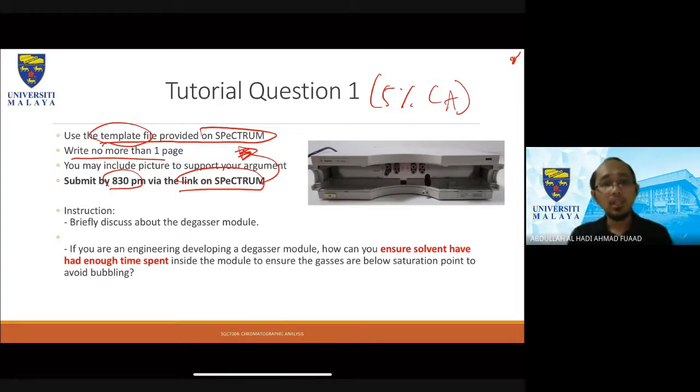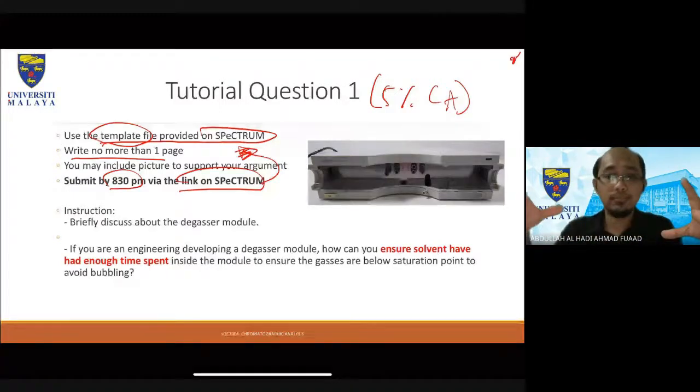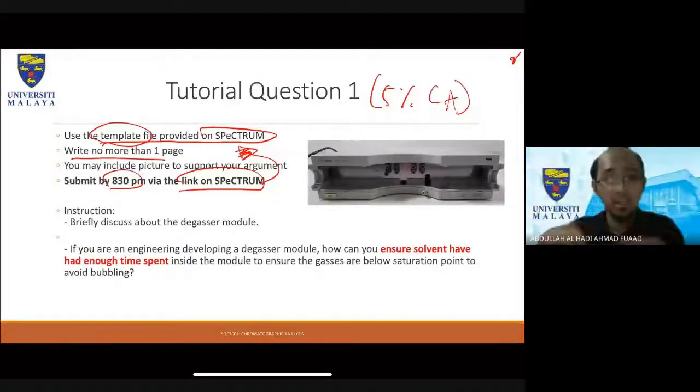The instruction is very easy. Briefly discuss the degasser module. You can either use the information that I've talked about in this lecture, or you can dig up some other information and write it down. Another question is, if you're an engineer developing a degasser module, how can you ensure the solvent has enough time to spend inside the module to ensure the gases are below saturation point to avoid bubbling?